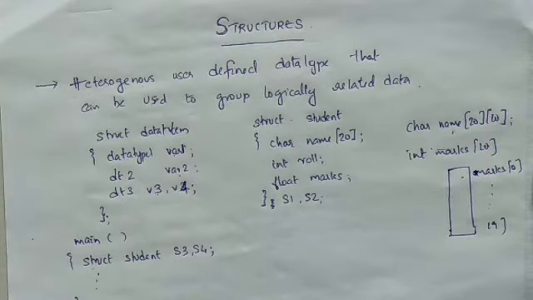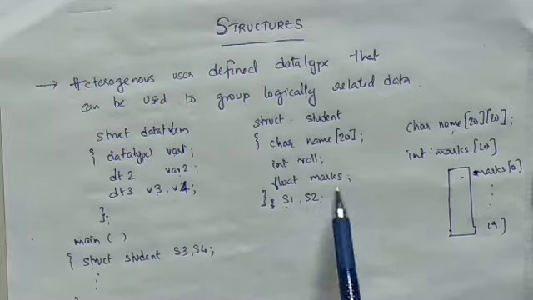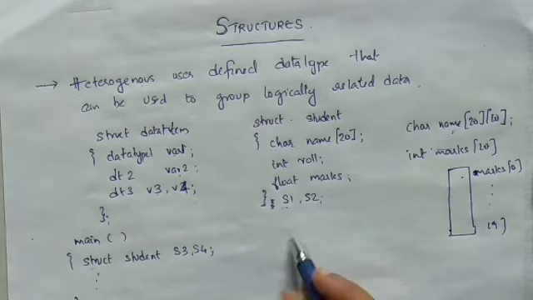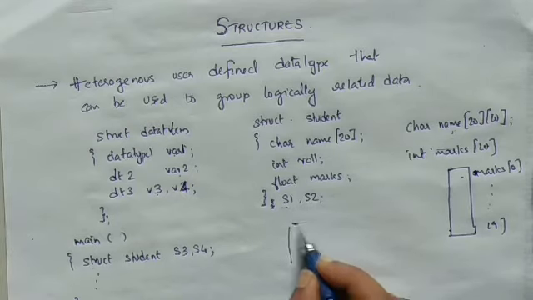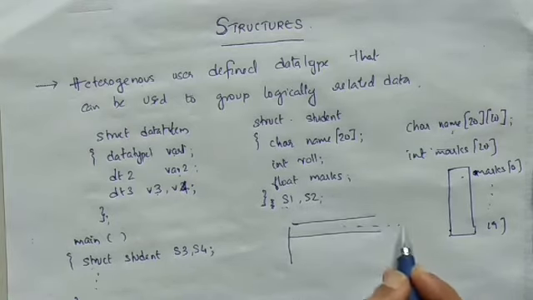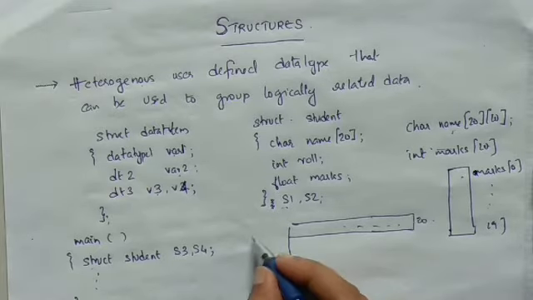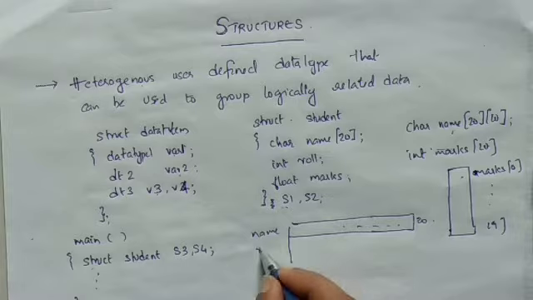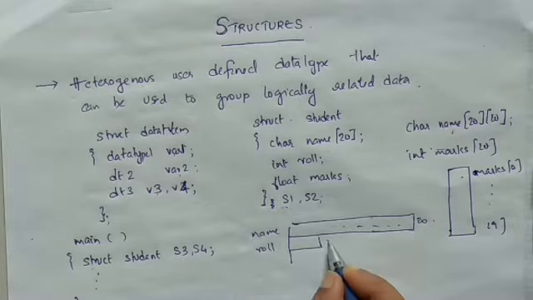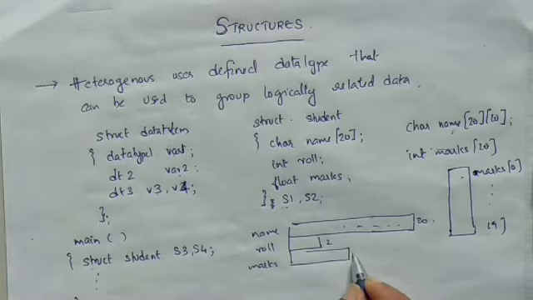Now when you are declaring a structure, memory space is not allocated, but when you declare a variable, memory space will be allocated. How much memory space will be allocated for the variable s1? It depends on the details over here. Name, 20 bytes; roll number, as it is integer, 2 bytes; marks, as it is float, 4 bytes.